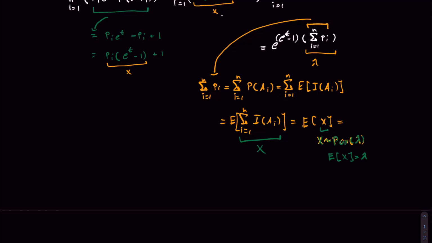So this is now lambda. And therefore we're getting this lambda from this sort of derivation here. Okay, and now we are basically done here. So we have the expectation being lambda (e^t minus 1), and that is what we were asked to show.